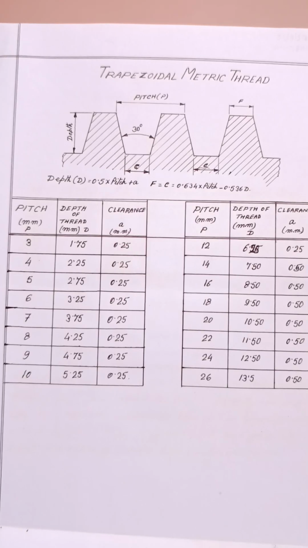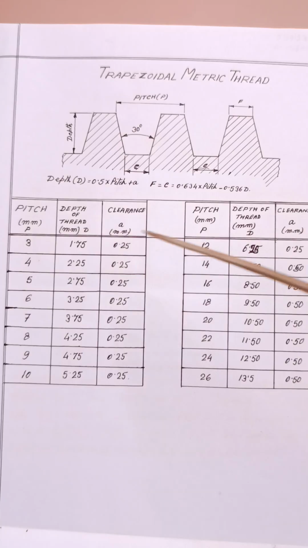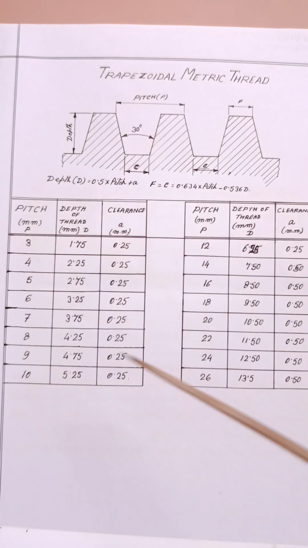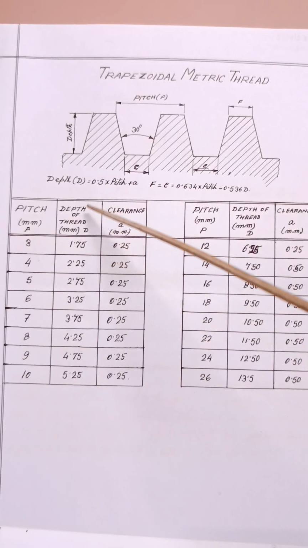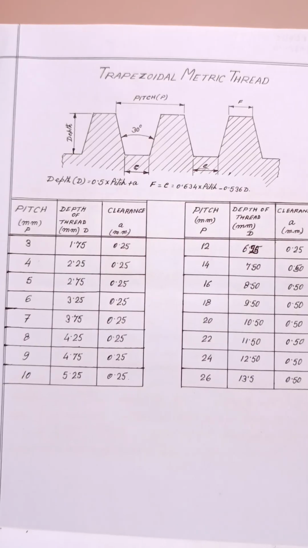So this thread form is very important. Some standard pitches are there, and according to that it is mentioned in this chart how much depth and how much clearance there will be.